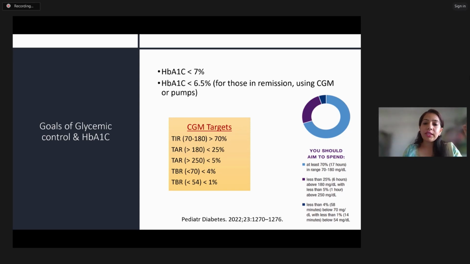So there are newer recommendations to look at CGM targets where the time in range, which is 70 to 180, should be more than 70% in a 24-hour period. The time above range of more than 180 should be less than 25%, and time below range less than 70 should be less than 4%.